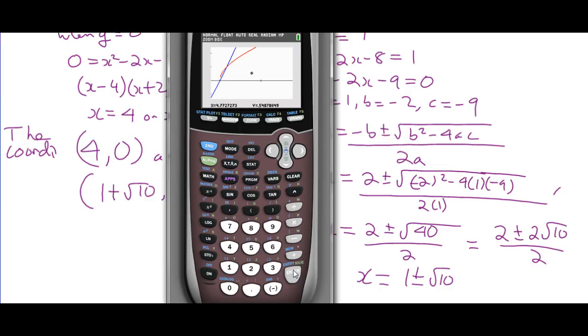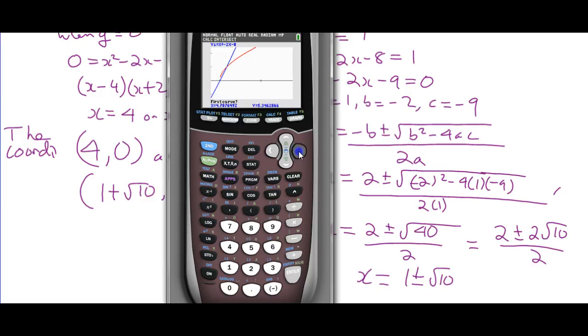And then I got an invariant point here, so let's go second calc intersect. The problem with being zoomed out is I have no idea where I am on this thing. Wait, okay, what's root 10 is like 3 something, right? So it'll be like 4 something.